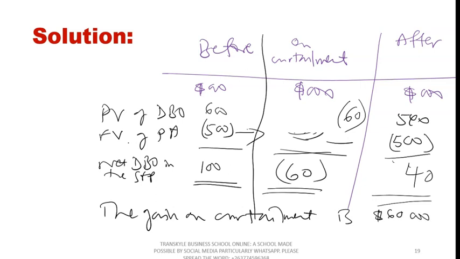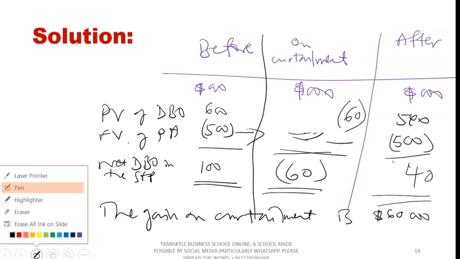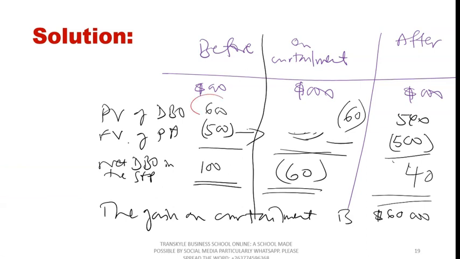We are having a gain. Why? Because there is a reduction in the defined benefit obligation. It started at 600,000, as you can see there. However, it ended up being 540.